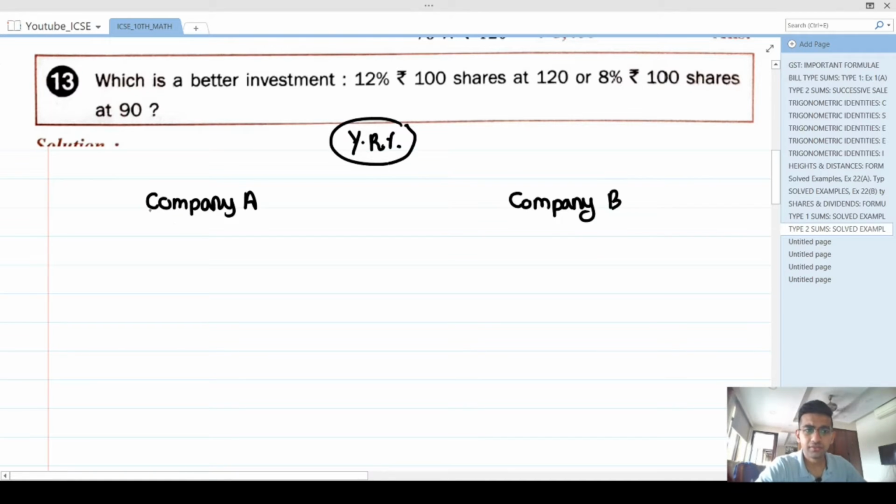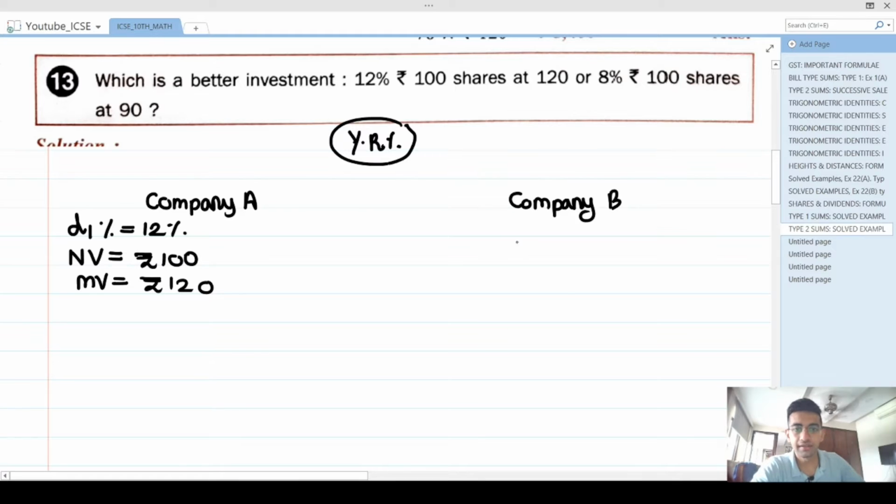Here you're getting a dividend D1% of 12%, and the NV is rupees 100. MV is rupees 120. Here you're getting D2% of 8% on shares at face value rupees 100, selling at a market value of rupees 90.